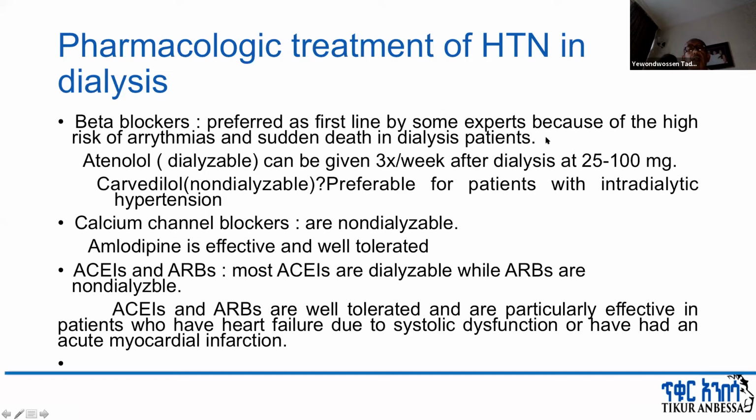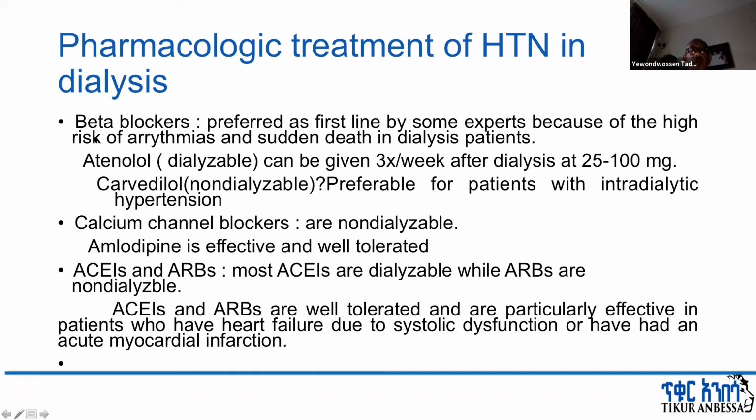The reason given is that patients on dialysis are at increased risk of cardiovascular mortality related to the high risk of arrhythmias and sudden death. And in general terms, beta blockers are supposed to be better in this regard.